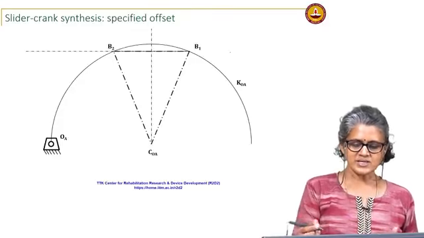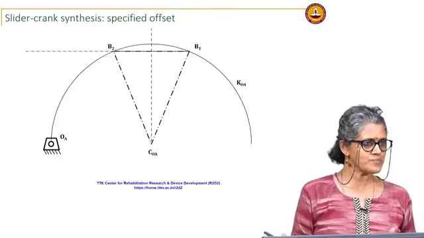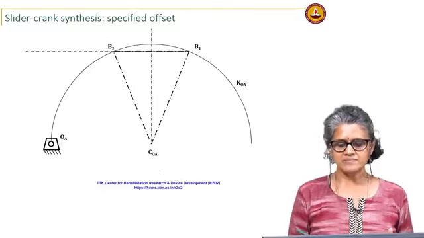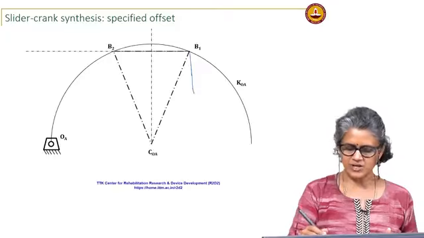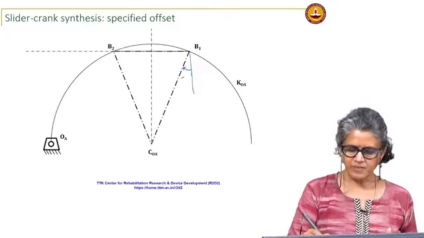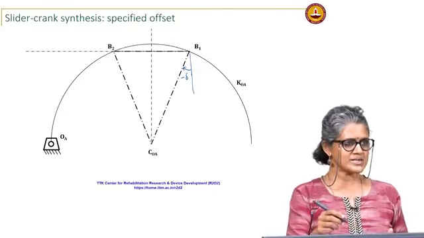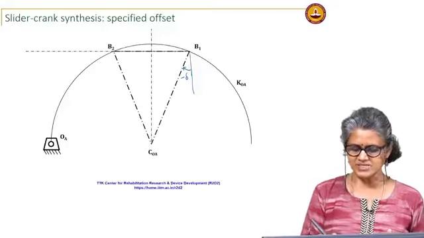So, how do I construct the circle? I have B1 and B2, draw the perpendicular bisector. Now, I know the angle delta. From the vertical I take that delta and construct this line.